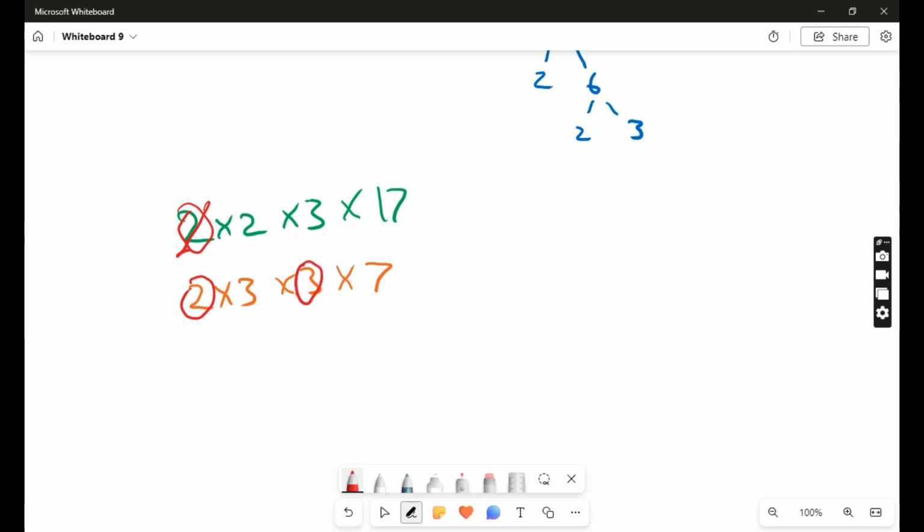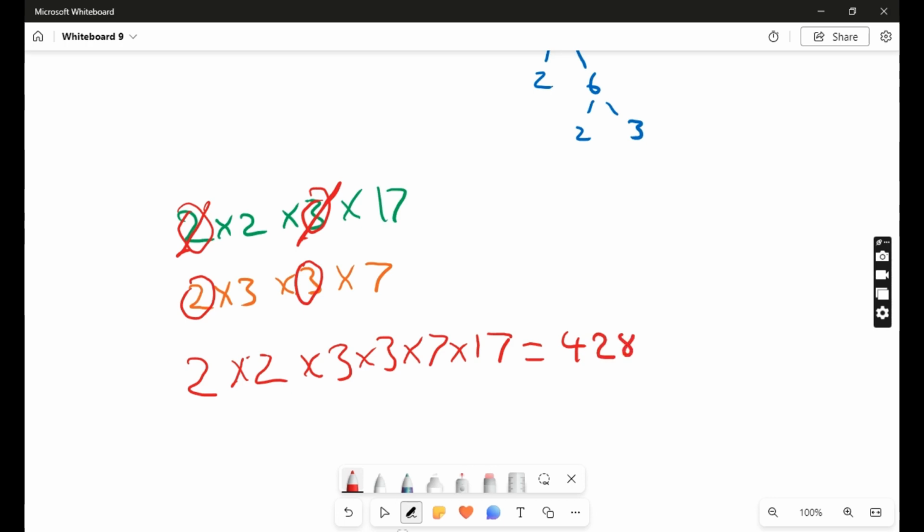There's also a pair of 3s, so I only cancel out 1. And the numbers I'm left with is a 2, another 2, a 3, another 3, 7, and 17. And if I was to multiply all that together, that would be equal to 4,284.